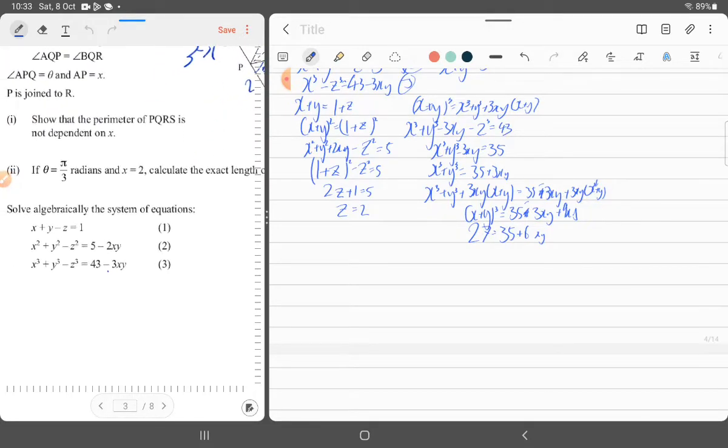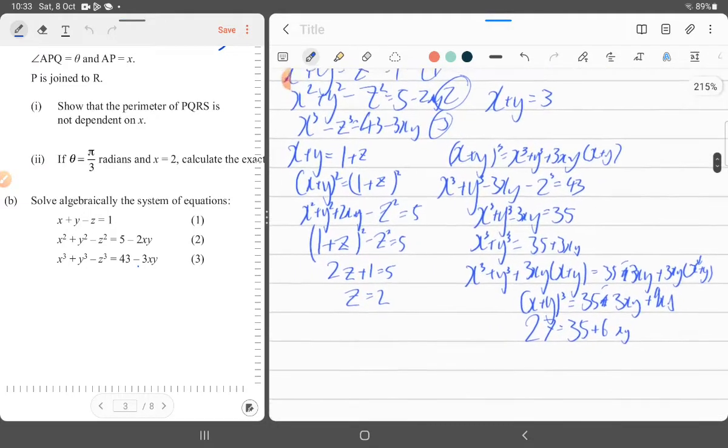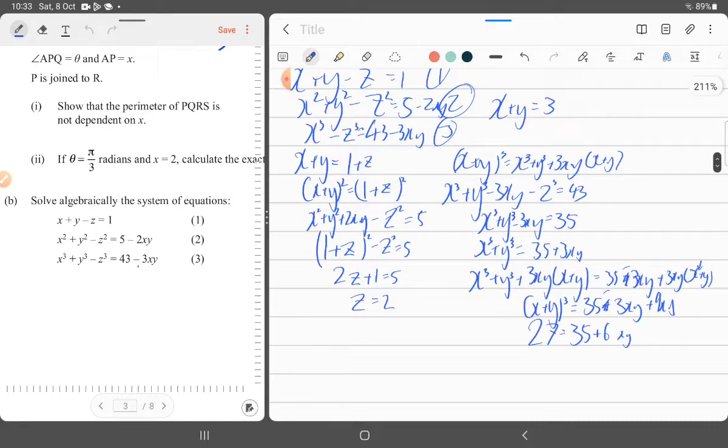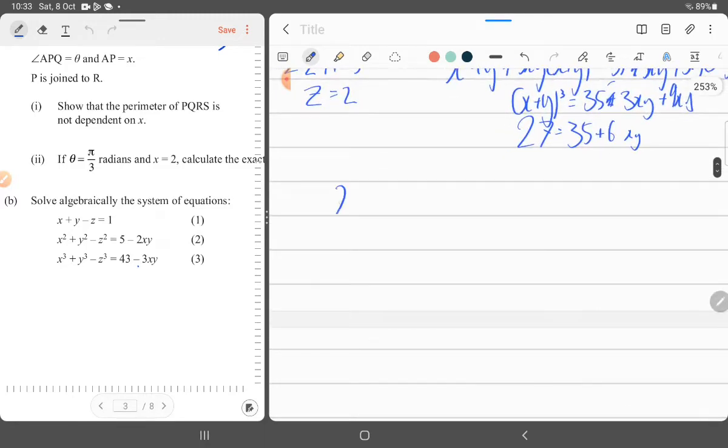Huh? X plus y take away z is equal to 1. Right, let me just... X plus y all squared is... z equals 2. Let me just write everything up. X plus y is equal to 3.